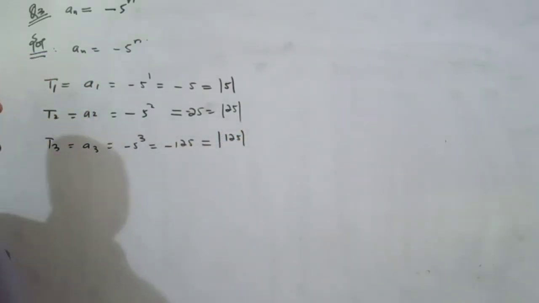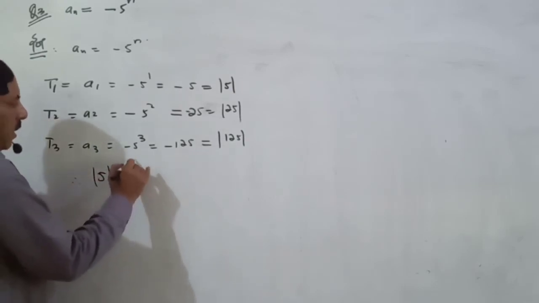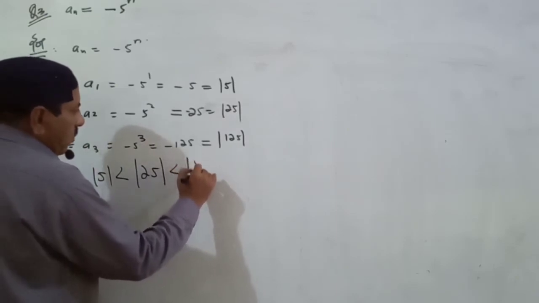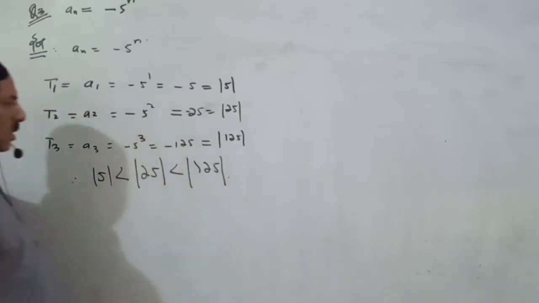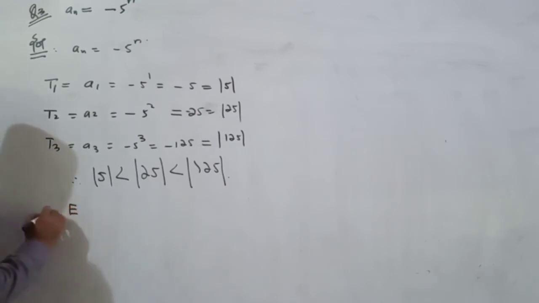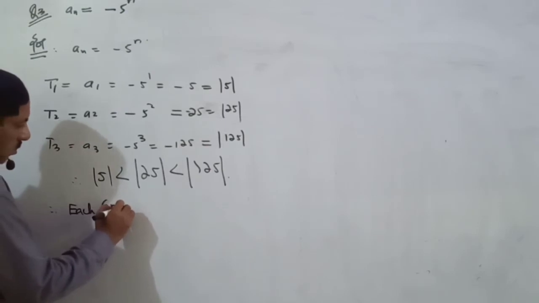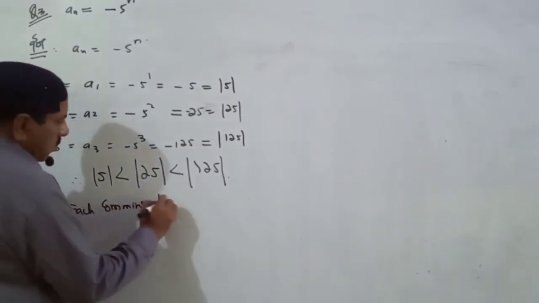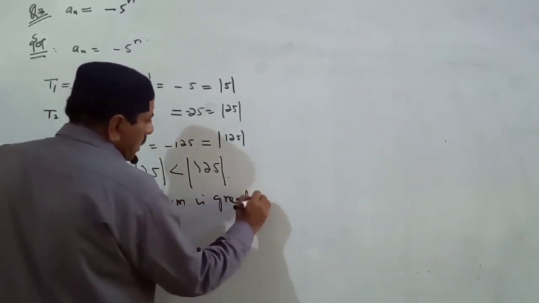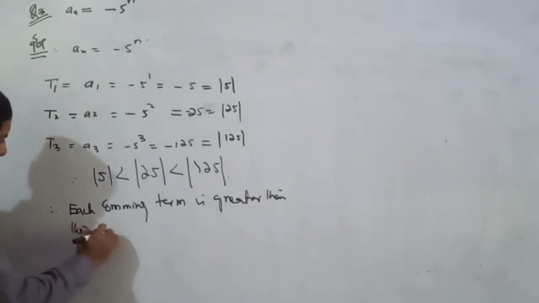So therefore mod of 5 is less than mod of 25 is less than mod of 125. Each coming term is greater than the last term.